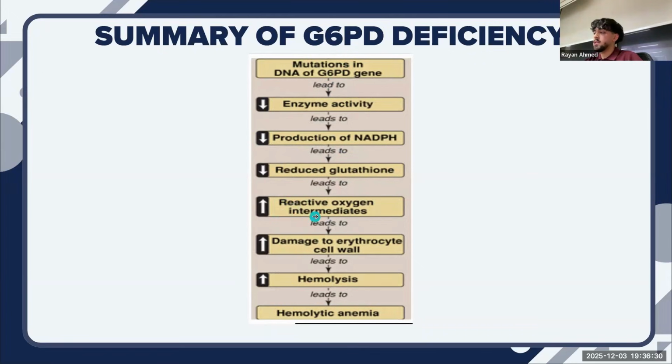Reactive oxygen intermediate, which is hydrogen peroxide, increases, damaging the red blood cell wall. Hemolysis, hemolytic anemia. Hemolytic anemia is the most important thing you need to know from G6PD deficiency. And that's about it.